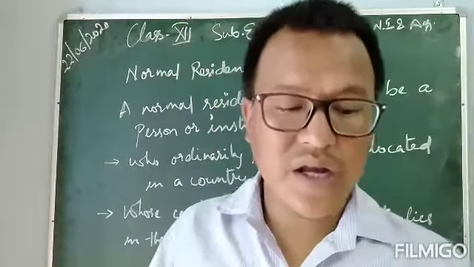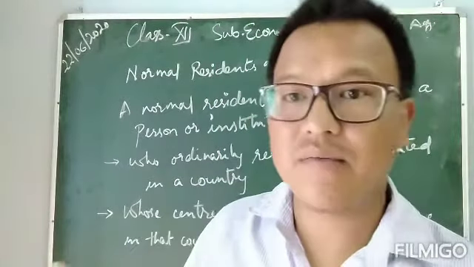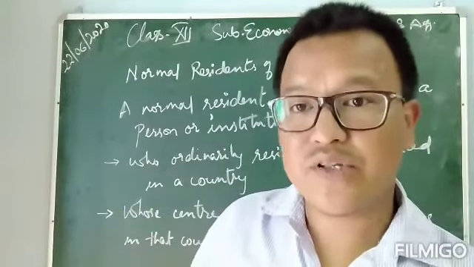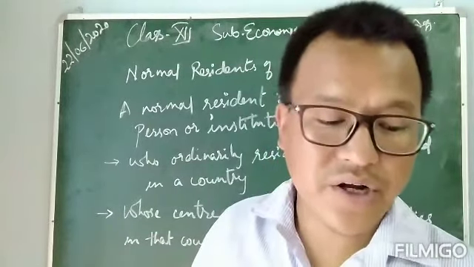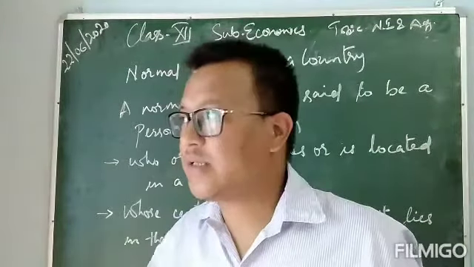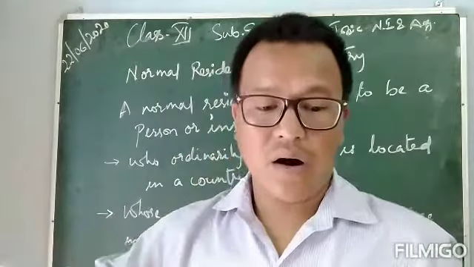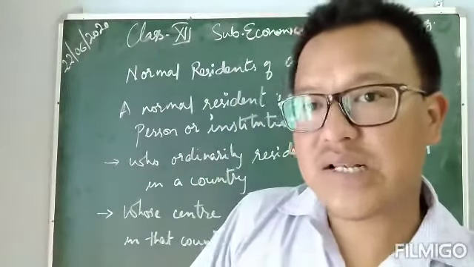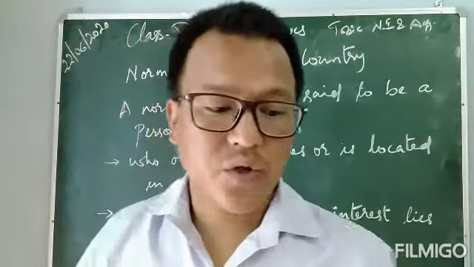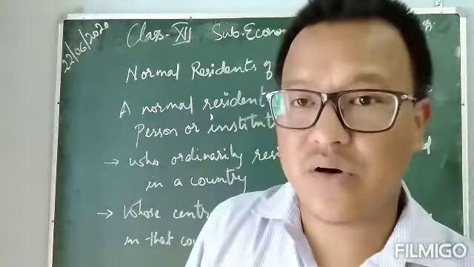First of all, international organizations like the World Bank, WHO, IMF are not treated as residents of any country. They are treated as residents of the international area. So these are non-resident organizations.